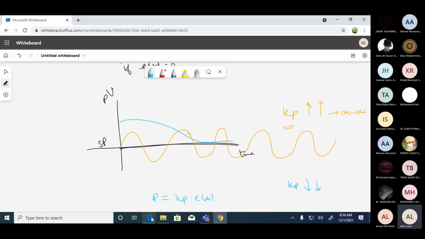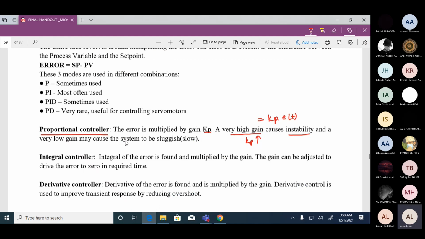Okay, so the proportional controller is dependent on the value of the proportional gain because error is multiplied by it. Too much gain makes it unstable or makes it like an on-off controller. And very low gain is going to cause the system to be slow. Both are not desirable.